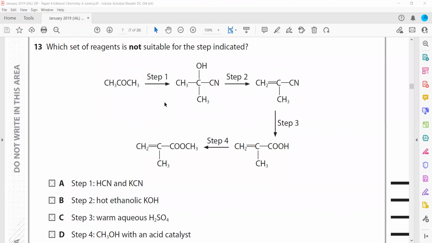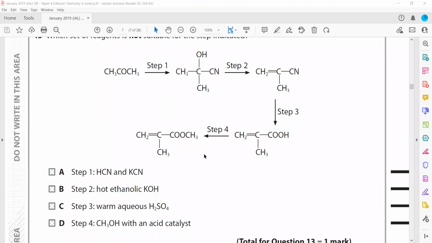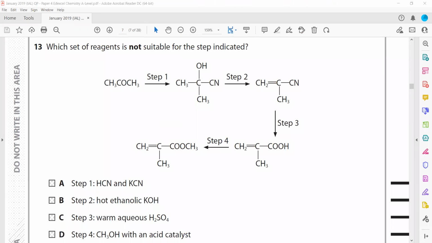Which set of reagents is not suitable for the steps indicated? So which is not suitable? So when we check, we have ketone, we convert into nitrile.